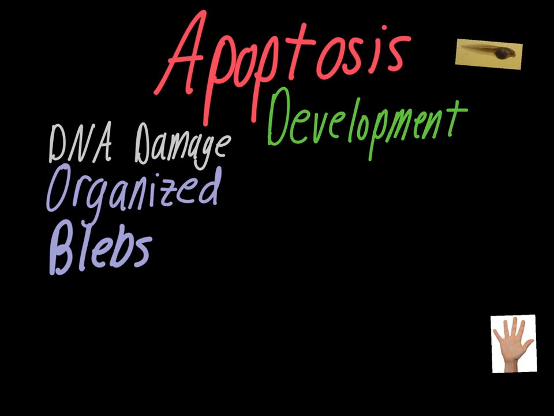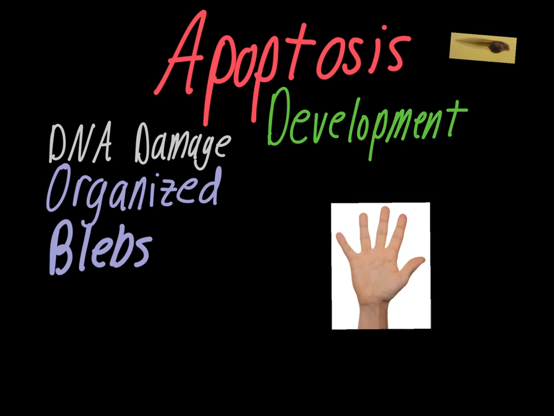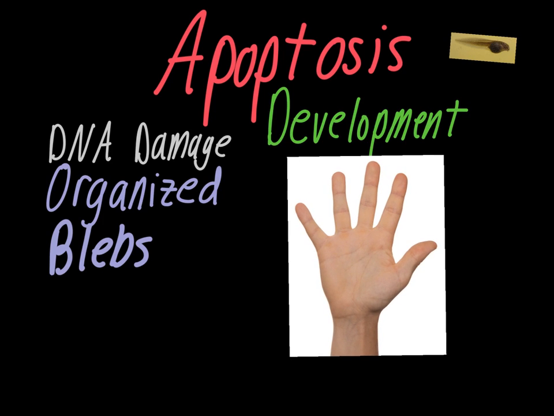Another example of this taking place in development is with people. While you were developing inside of the womb, in between all of your fingers, there was a kind of webbing. And one of the things that goes on during development is that this webbing starts to go away due to the process of apoptosis.